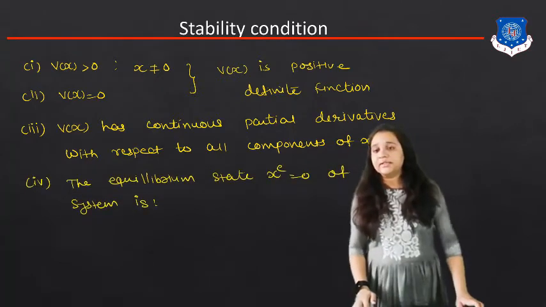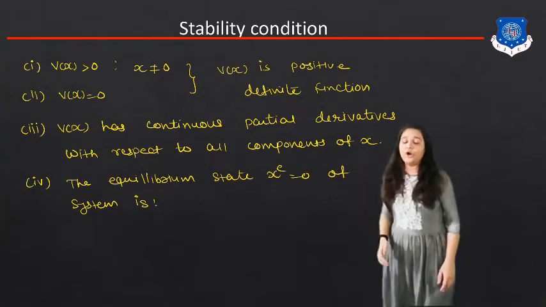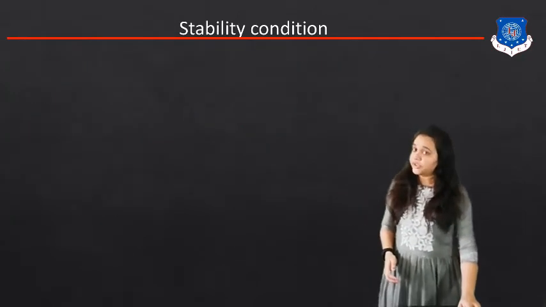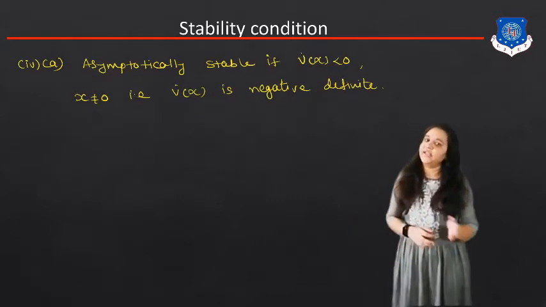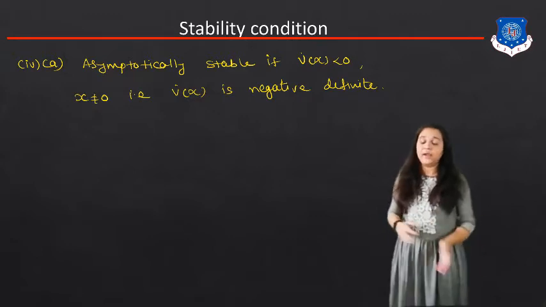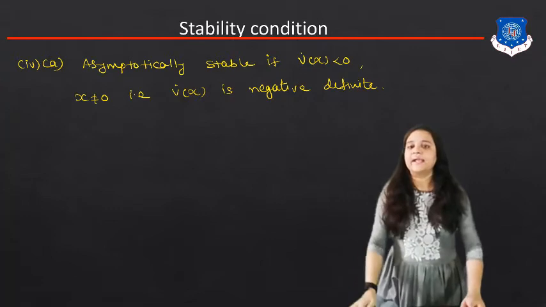And the fourth condition is the equilibrium state x equal to 0 of the system is asymptotically stable if V dot x less than 0, x not equal to 0. That means V dot x is negative definite.